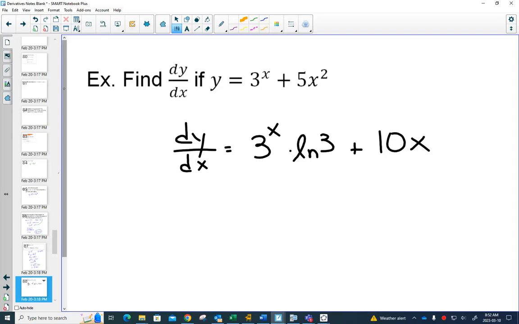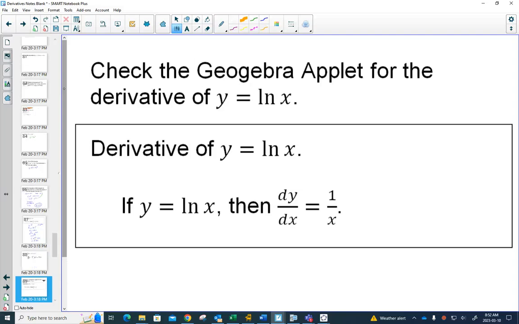And now we get to see the log graph. And the derivative of that log graph that we drew earlier is a 1 over x graph, but only half of it. Do you remember the graph of 1 over x? A 1 over x graph had two asymptotes, and looks like this.